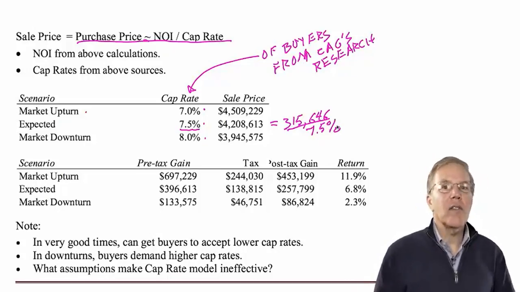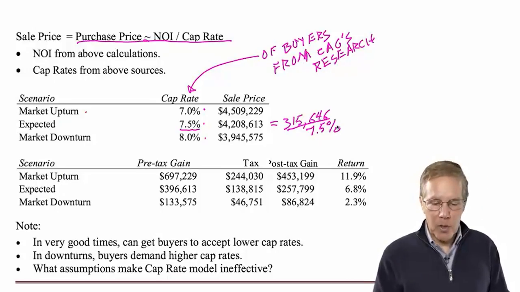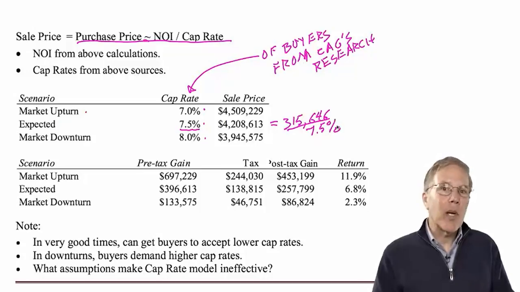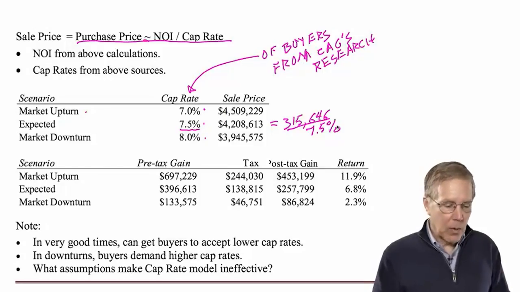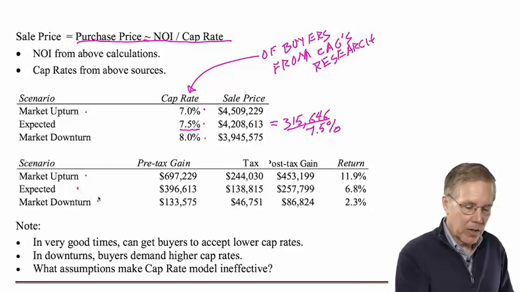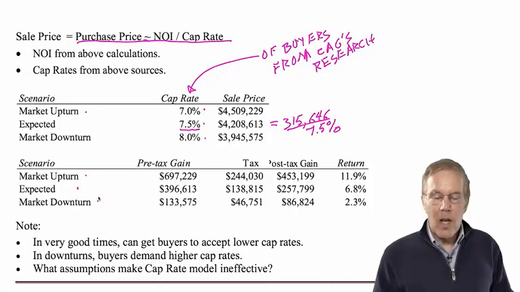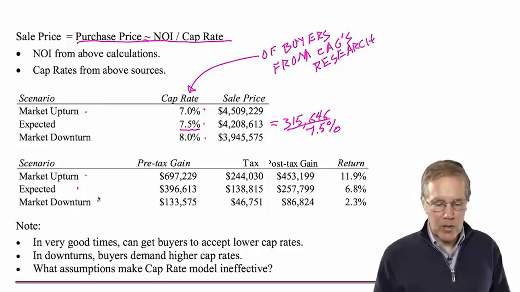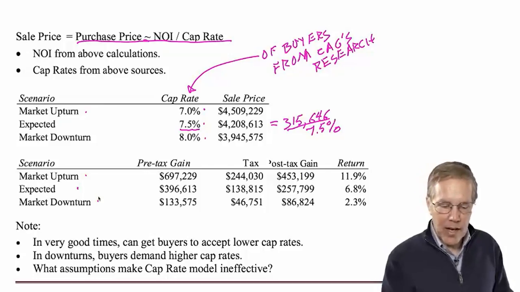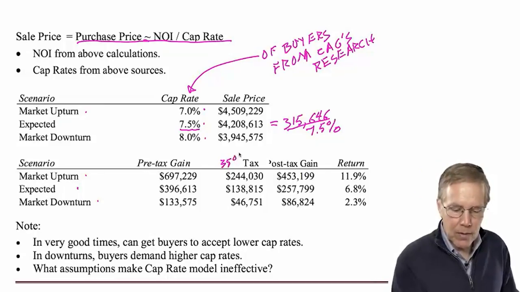We still have the costs, how much it cost CAG to develop this project from before. So we do the same exercise now that we did before with the comps-based pricing. Okay, so we're going to have our three scenarios: market upturn, expected, market downturn. First of all, we get our gain, which is our sales price minus all our expenditures for this project. The tax is 35% again.